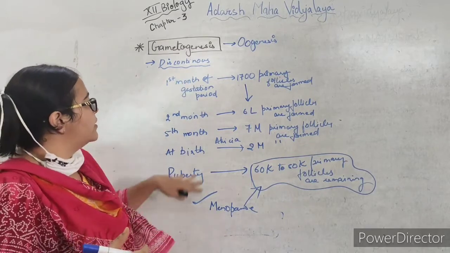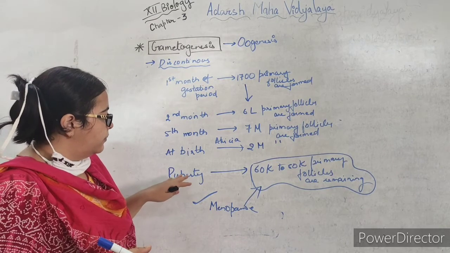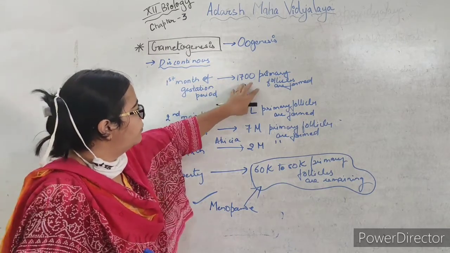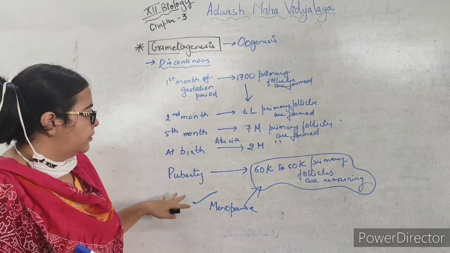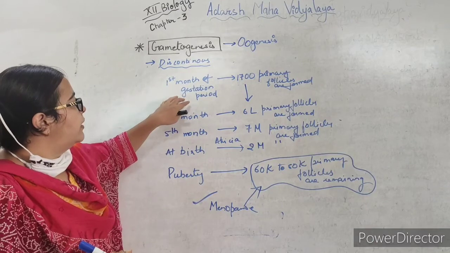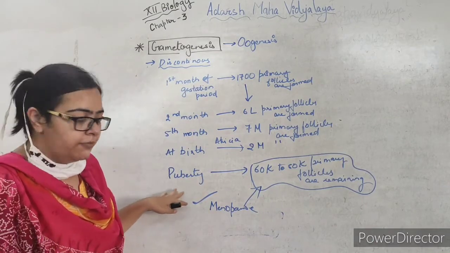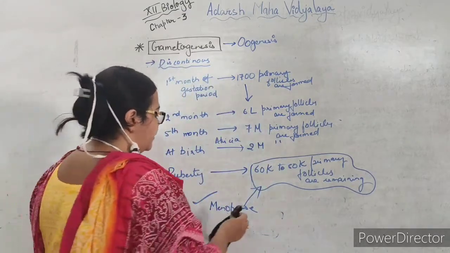This is the amount of primary follicles formed from when the female is inside the mother's womb until puberty.